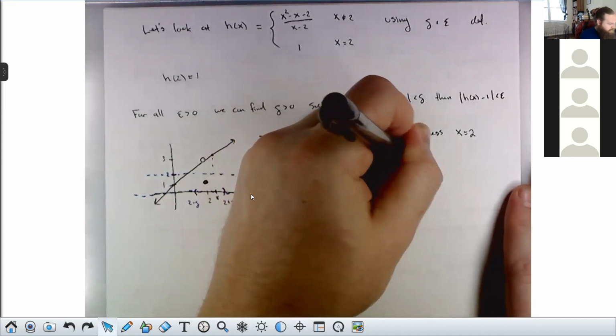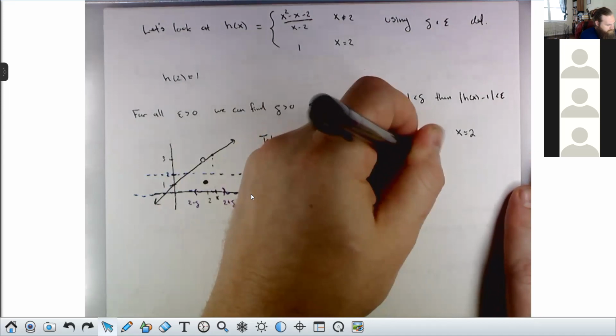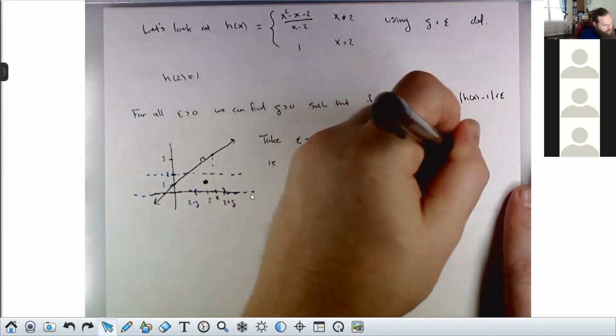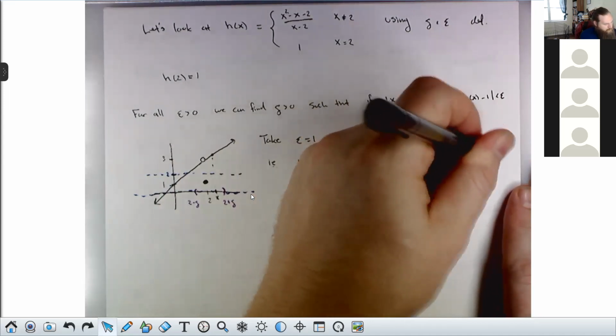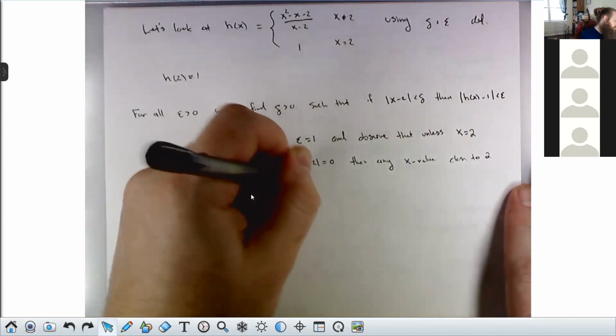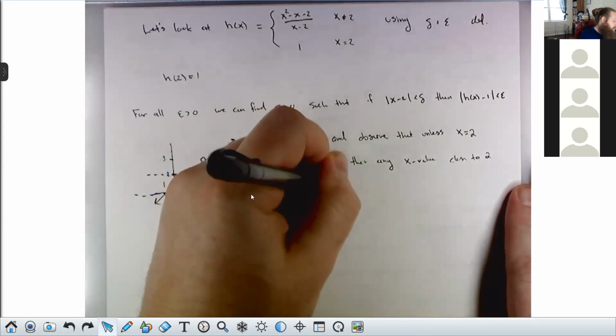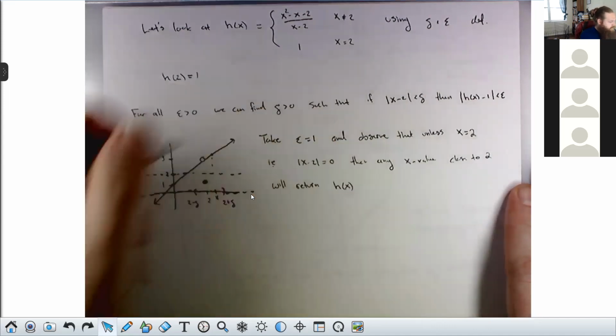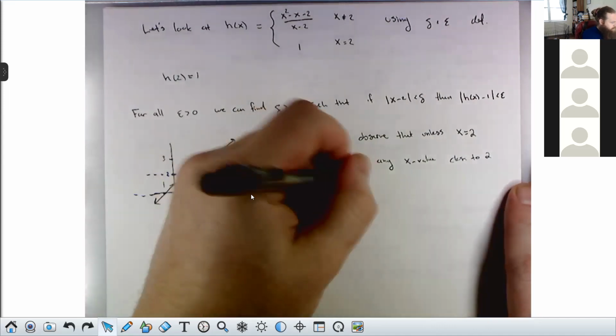And any x value close to 2 will return h of x bigger than 1.